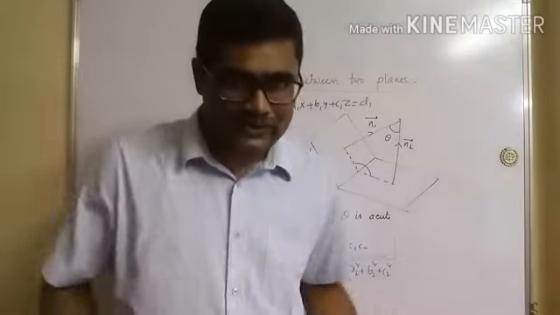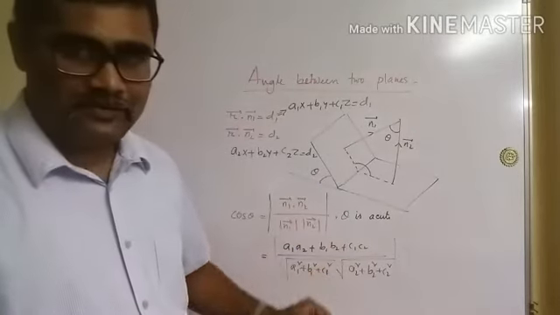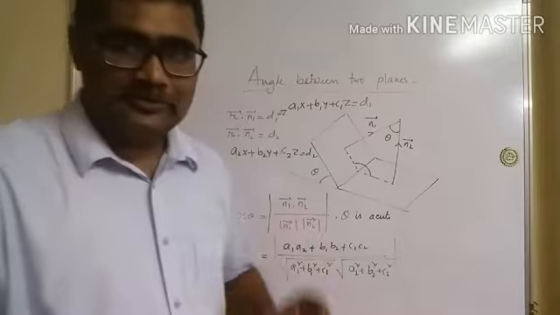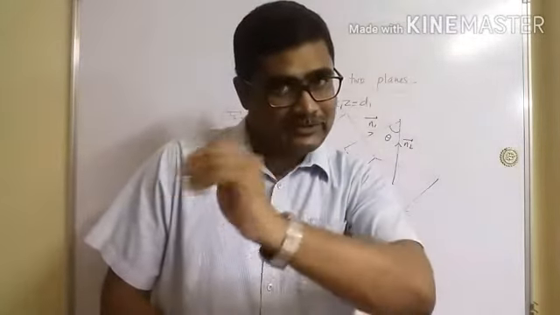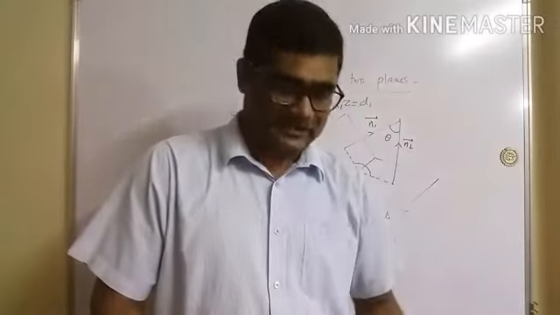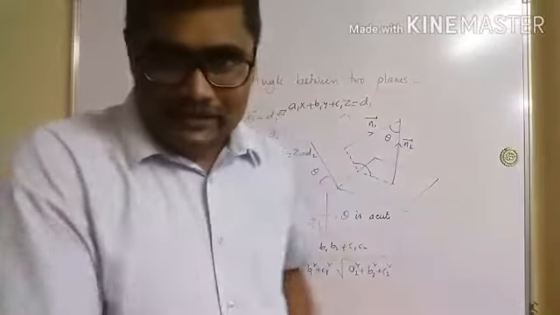So to sum up in component form, if this quantity is 0, the planes are perpendicular. If the ratios a1 by a2, b1 by b2, c1 by c2 are the same, the planes are parallel. That's it. We'll go for another part now.